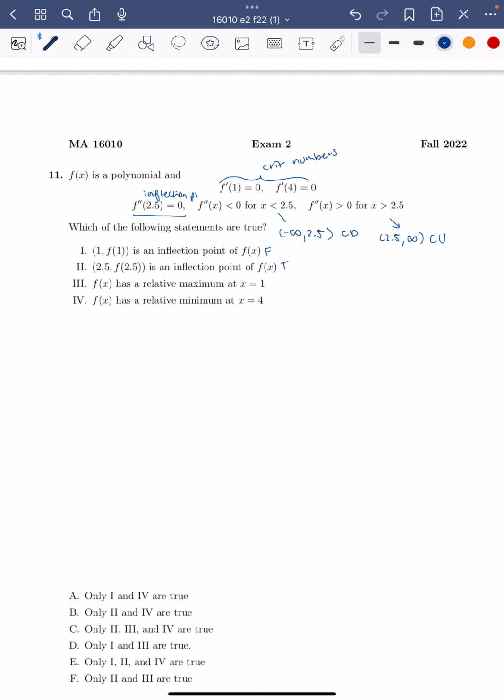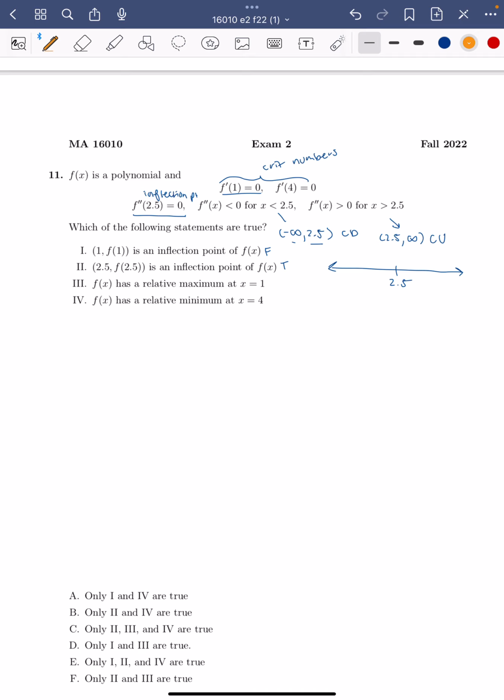Number 3, f of x has a relative maximum at x equals 1. So when we look at x equals 1, right here, this first value, we see that it fits into this first interval right here, from negative infinity to 2.5. So let's go ahead and draw a number line to make this a little bit easier to see.